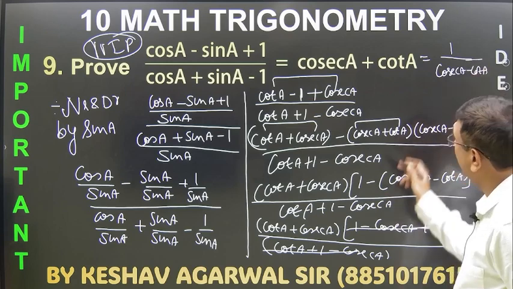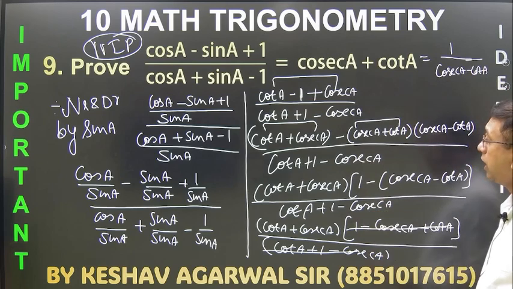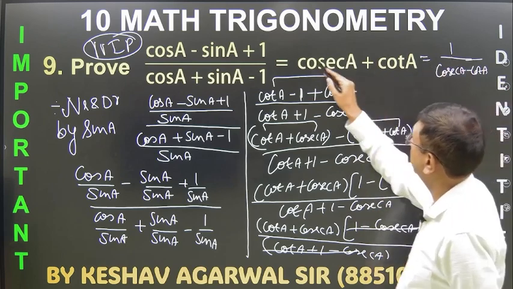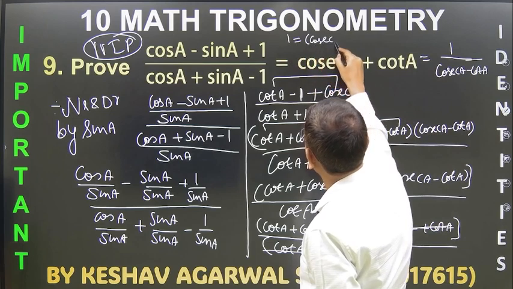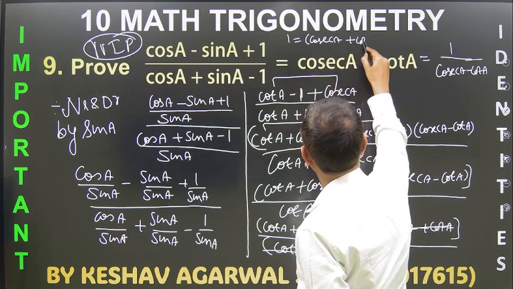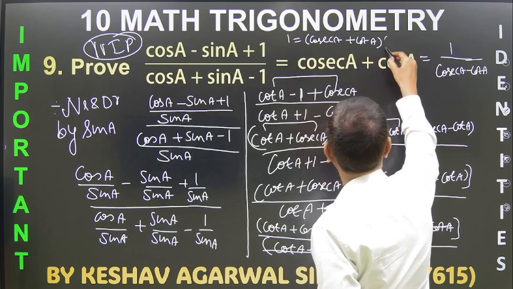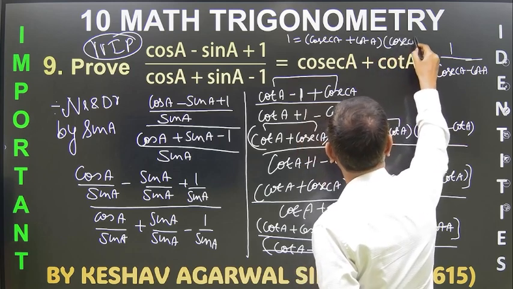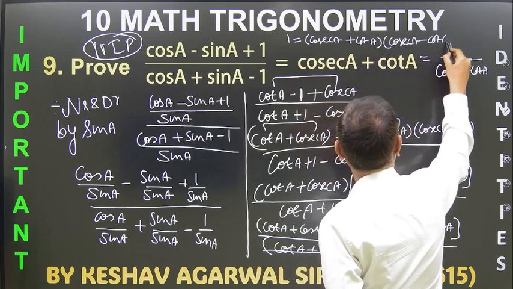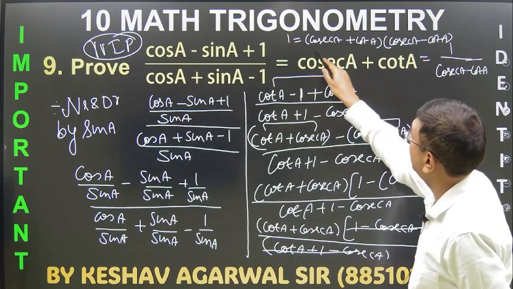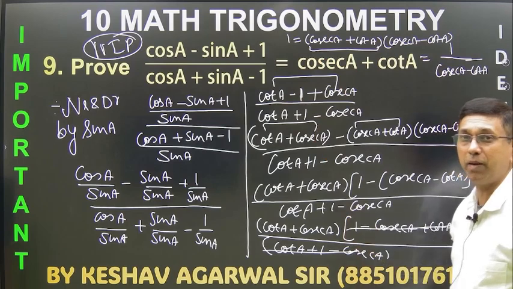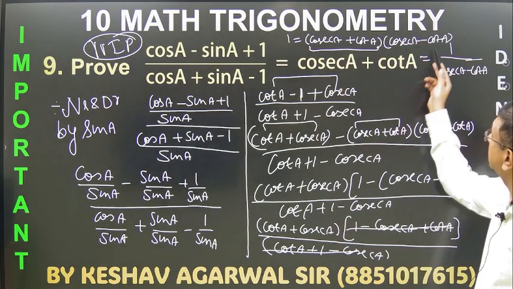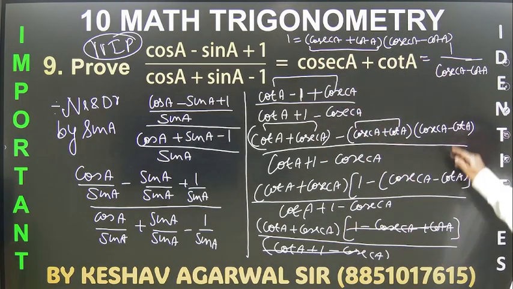So what you have to do once you come to this stage, now what is the value of 1? अभी मैंने आपको प्रूव किया था 1 is equal to cosec a plus cot a into cosec a minus cot a. So now tell me what is the value of cosec a plus cot a? बताओ. 1 upon cosec a minus cot a. तो अगर ये आंसर आ जाता then you can get this down and you will get this answer.